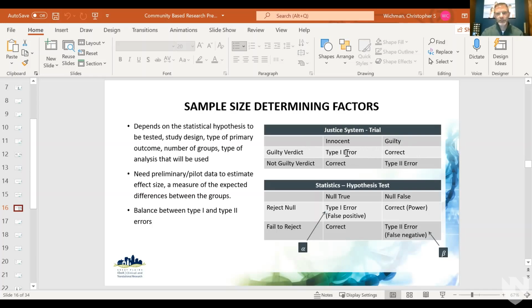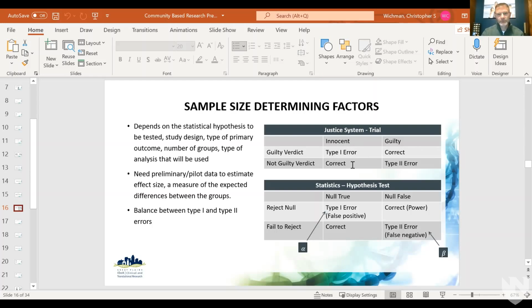guilty. So in this case, if they return a guilty verdict and the person is actually guilty, we're happy because it was correct. If I have a guilty verdict and the person was actually innocent, that's a type 1 error, and we don't want to make that mistake often. We want to try to avoid that error at all costs, so we try to make that as small a value as possible. Then we also have a not guilty verdict and the person being innocent, and then we would be correct.